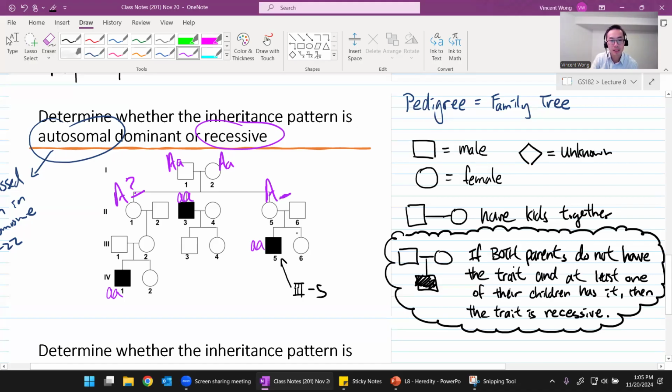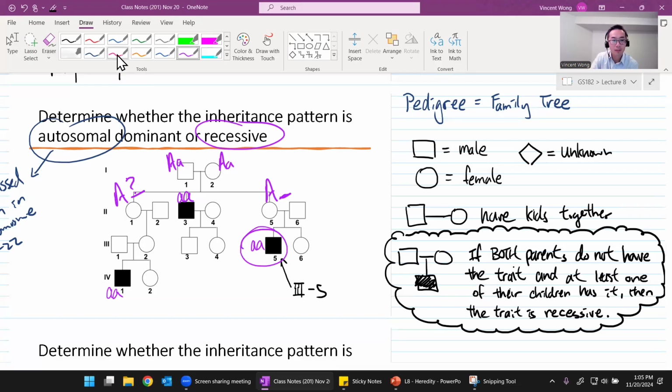Now, if we go down another generation, these people have a son that has the trait, which means this guy, number 35, is little a, little a.